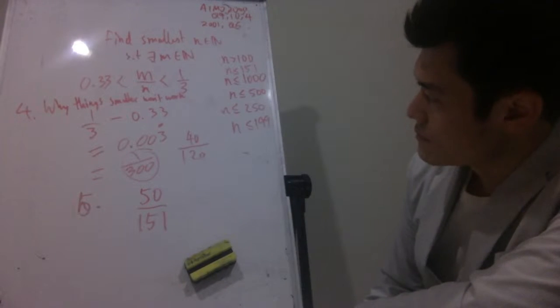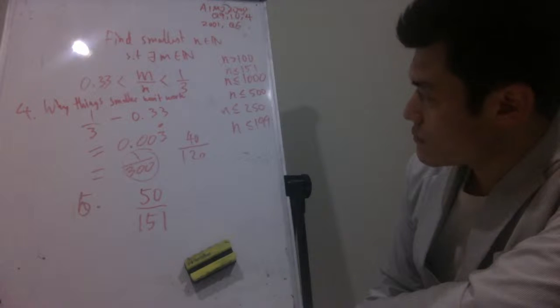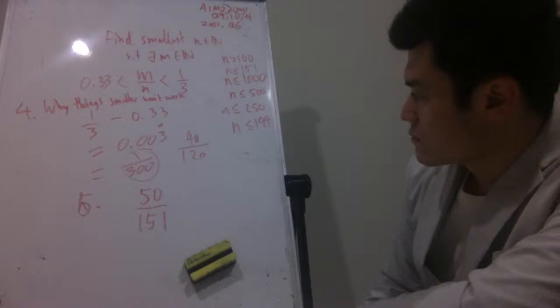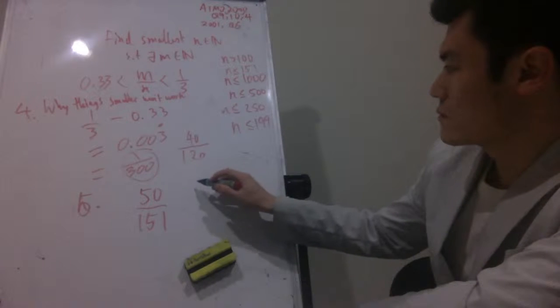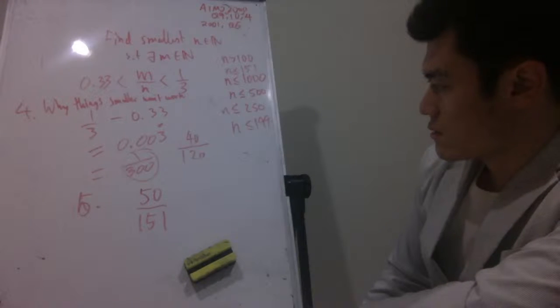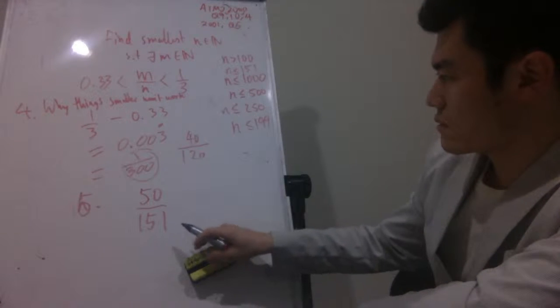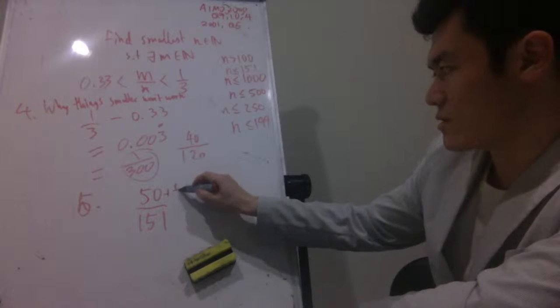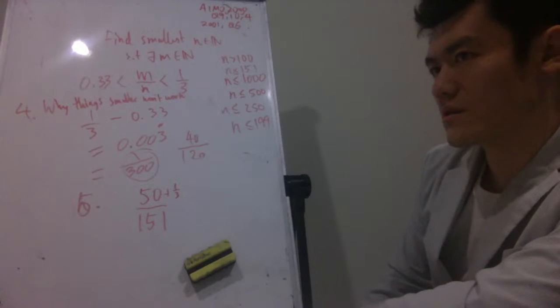But if you do 50 over 150, you're trying to minimize the number below. So like 49 over 150, what is a third of this? It's 50 plus a third, isn't it?